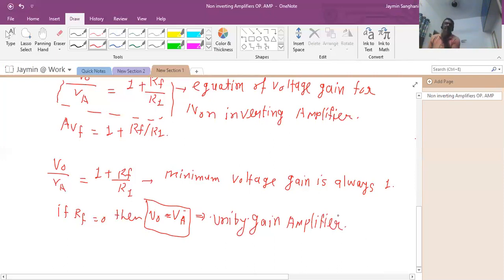It is very useful if you want to connect the op-amp as a unity gain. At that time output voltage gain is equal to 1, but current gain we can get very high because directly we can get the output current without resistance. So in such case, current gain is maximum in unity gain amplifier.